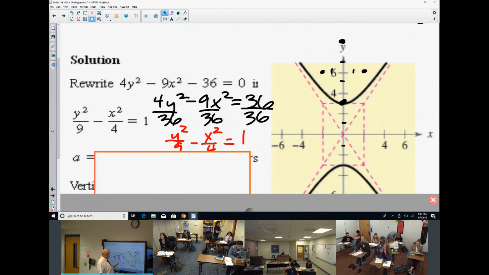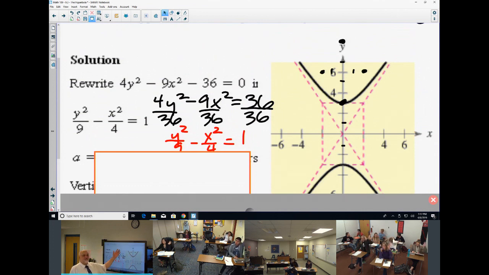In the x direction, you go left and right 2. You make your box, the diagonals of the box, and then you make it go up and down because the y squared is first. All right. So how many of you had that graph right? All right. Excellent.